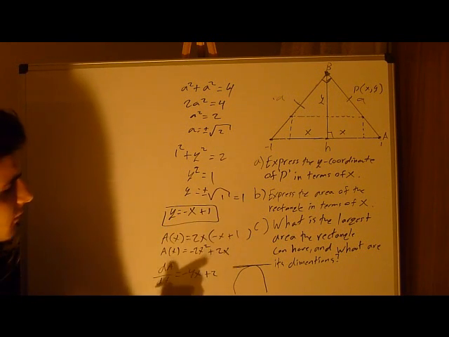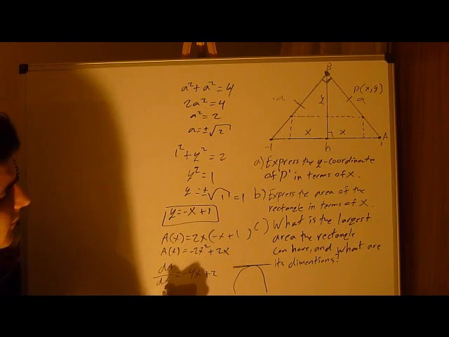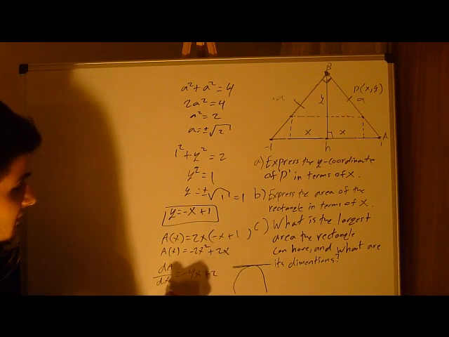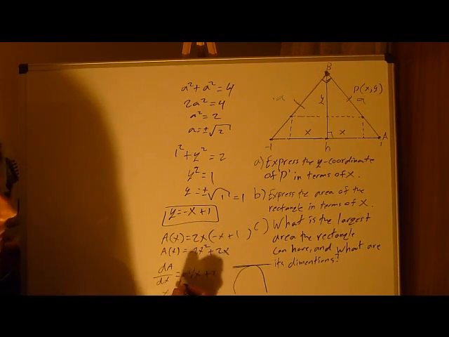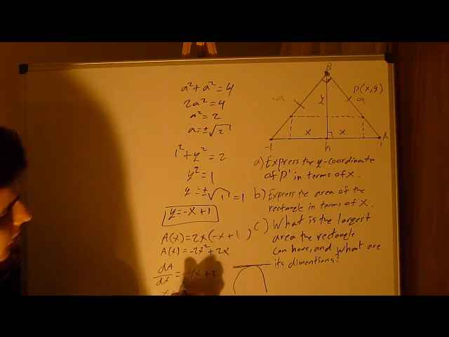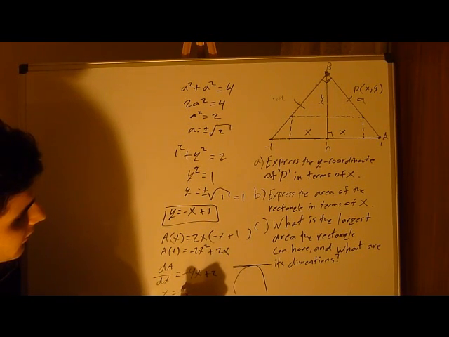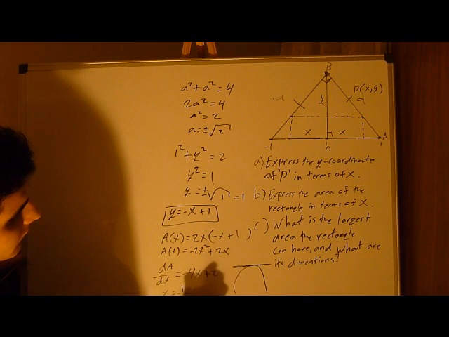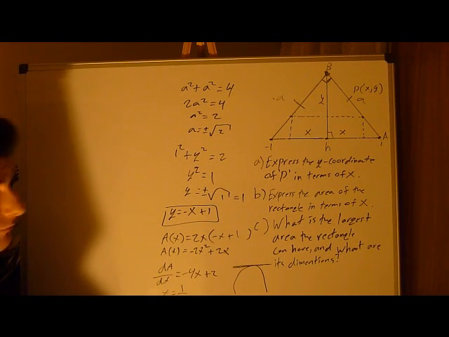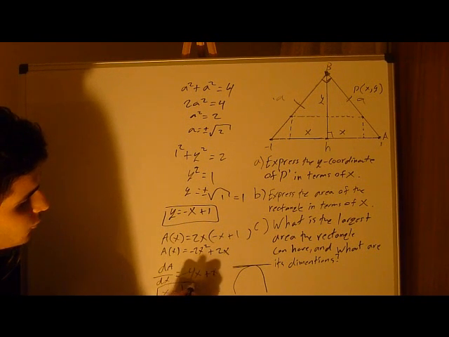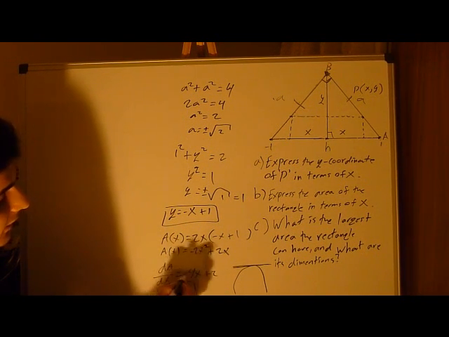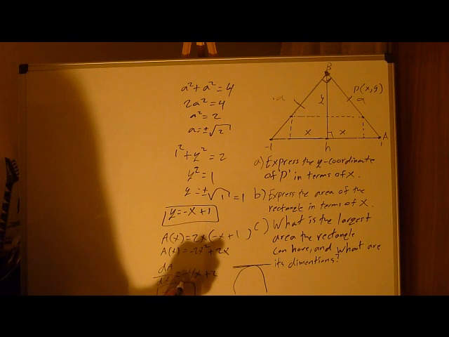Well, if you subtract 2 and then divide by -4, x is equal to 1/2. So when x is 1/2, the derivative is 0.